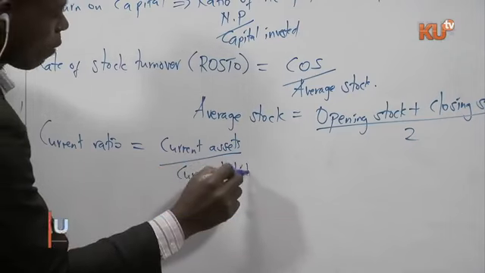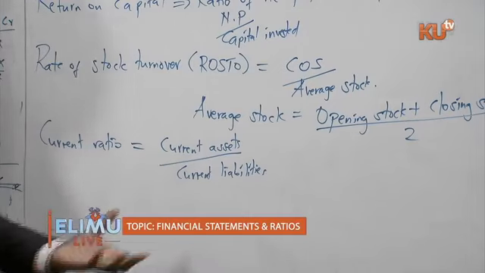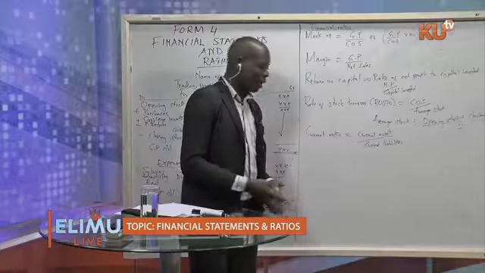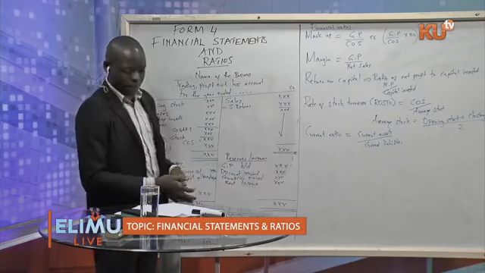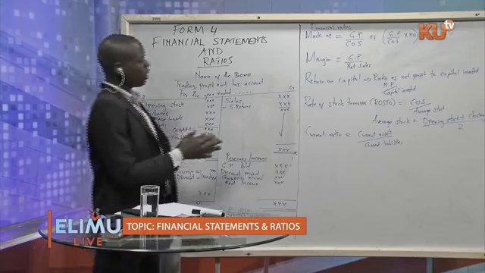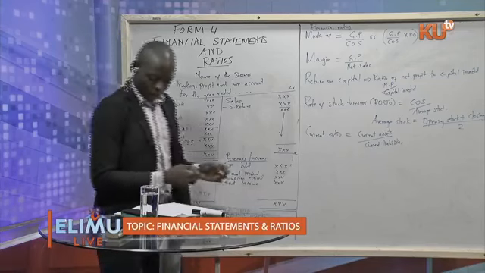And from your understanding of the introduction to accounting, you are told what current assets are and what current liabilities are, because those are simply types of assets and types of liabilities. So those are key financial ratios that we need to calculate today in our lesson.